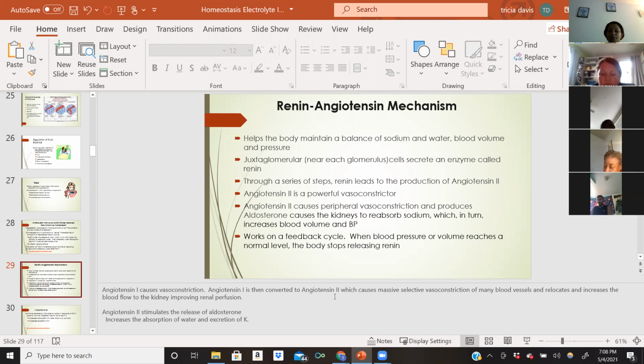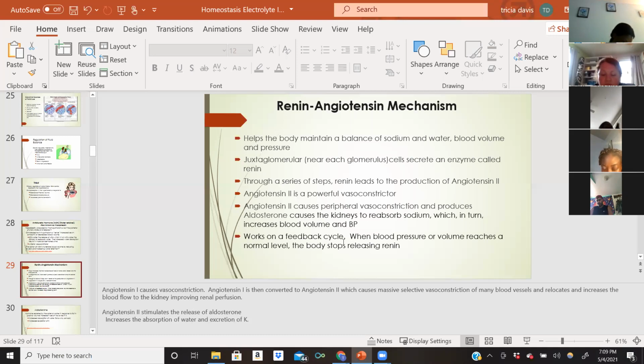I just broke it down a little bit for you, which causes massive selective vasoconstriction of all the blood vessels and relocates and increases the blood flow to the kidneys, which will help improve our renal perfusion. Angiotensin 2 then stimulates the release of aldosterone, which increases the absorption of water and ultimately excretes K. Okay, so angiotensin 2 is what we call a very powerful vasoconstrictor.